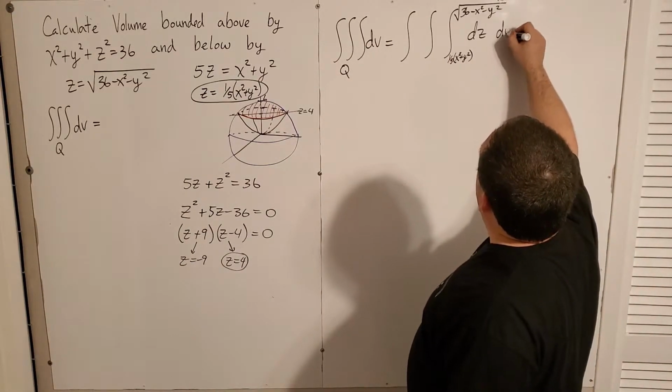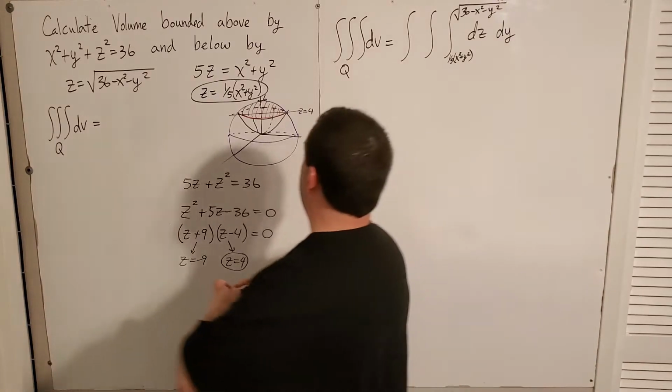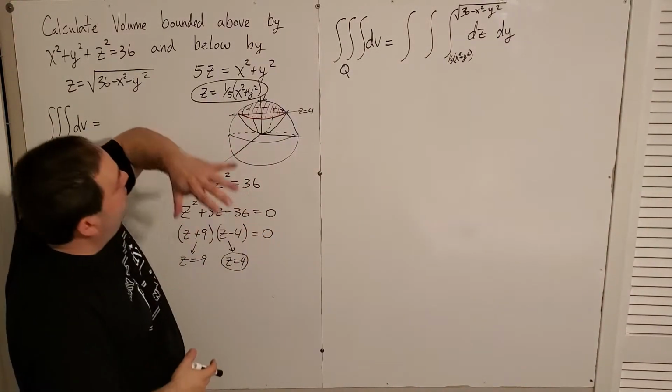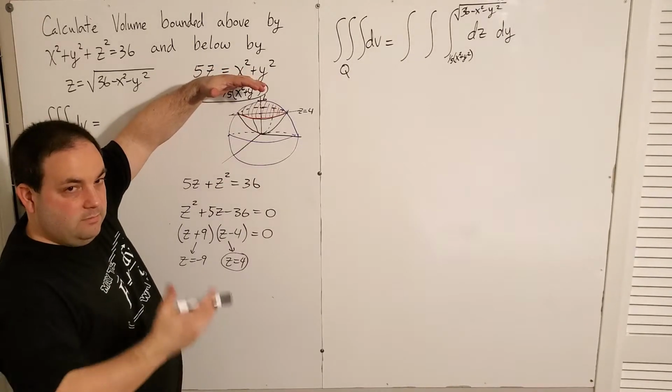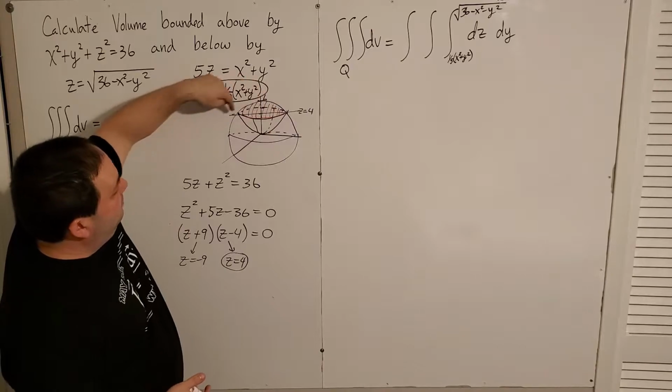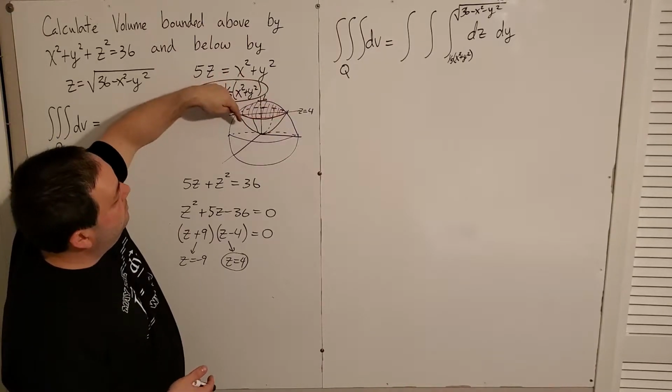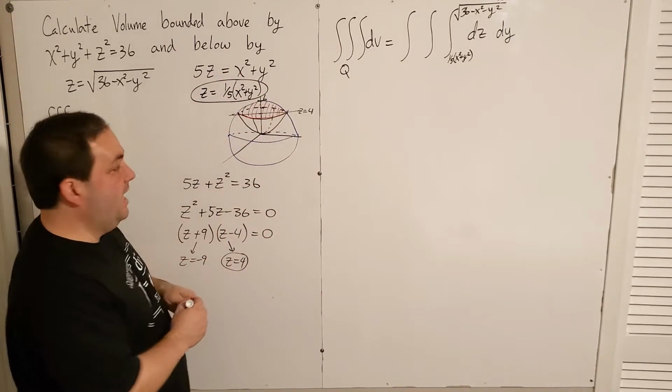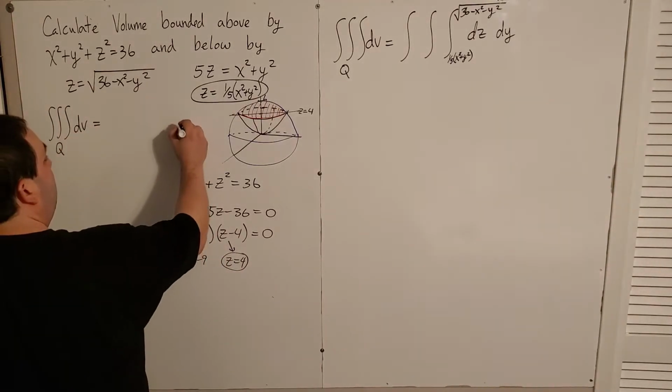So next, let's do dy. Now let's pretend we're going to look over the top of this thing again, just like I showed you in the video. You can look over the top of it and see the circle itself that we're integrating over in the xy plane.